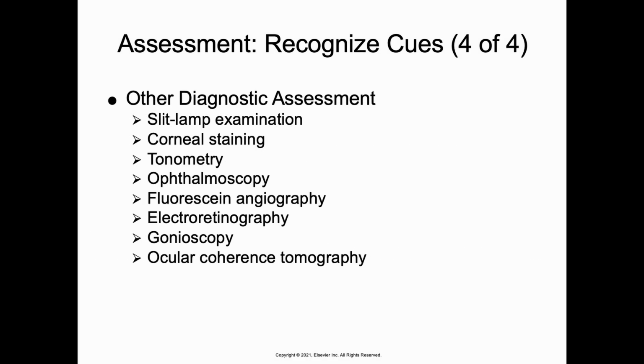Fluorescein angiography is a detailed image of the eye circulation. Electroretinography looks at the retina's response to light stimulation. Gonioscopy measures increased intraocular pressure. So let's say they do a tonometry, right?